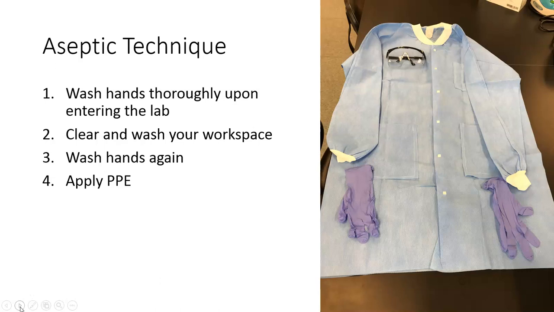Next, you're going to wash your desktop to remove microbes that may have settled onto the desktop from the air, or maybe they were left behind by a careless experimenter. I prefer using 70% ethanol or 70% isopropyl alcohol, but some labs will use detergents like Backdown instead.